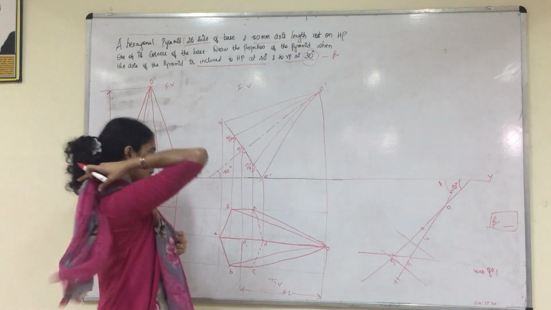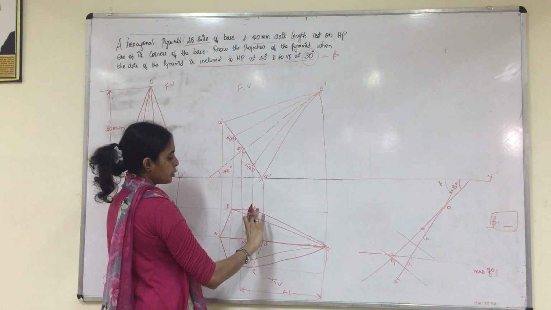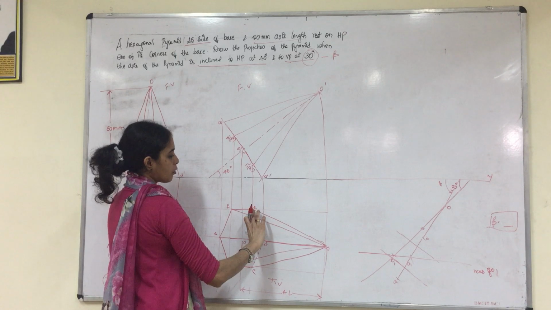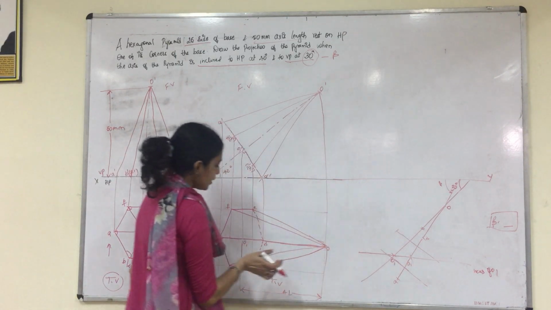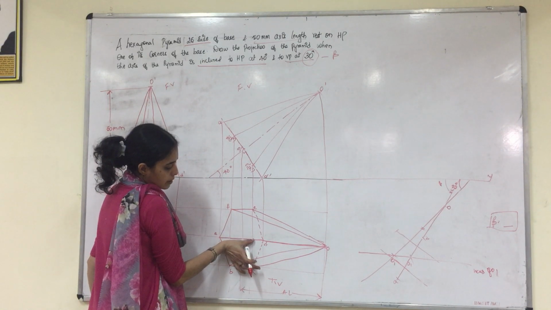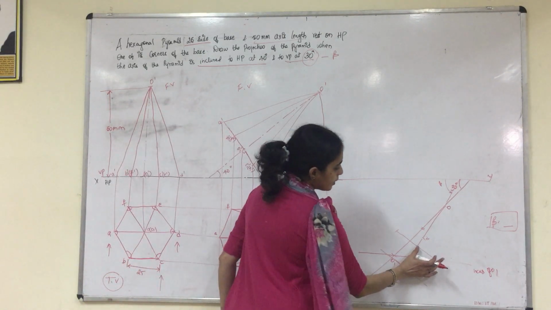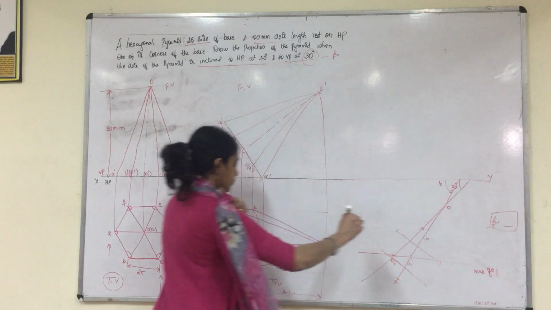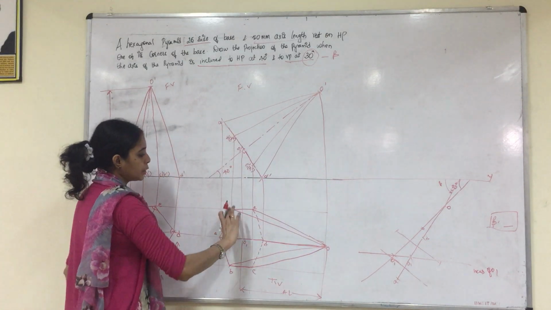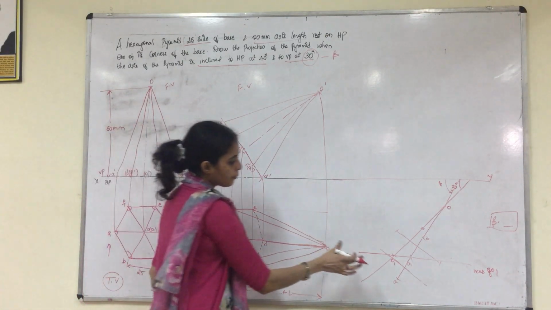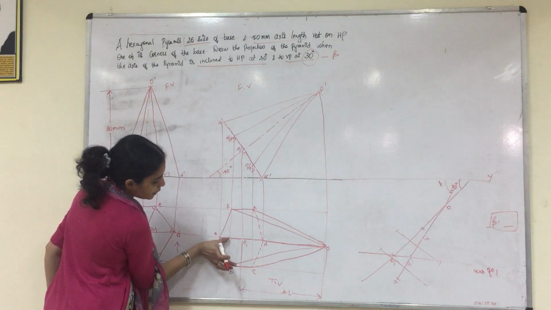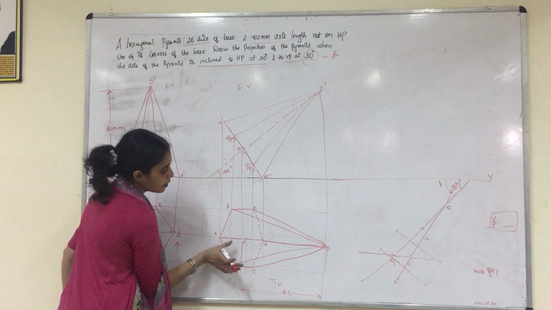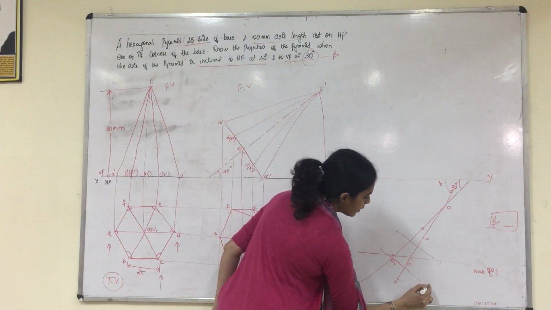After extending the perpendicular line, from the midpoint you measure the distance to E, come here and cut an arc. And again from the midpoint to C, measure the distance, come here and cut an arc. And again from this midpoint to F, measure the distance, come here and cut an arc. And again from this midpoint to B, measure the distance, come here and cut an arc.